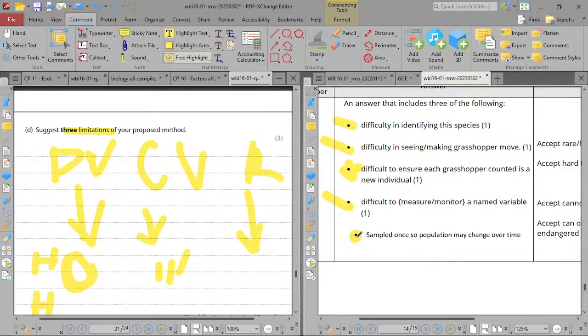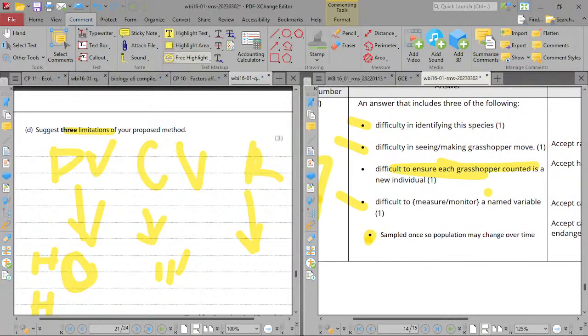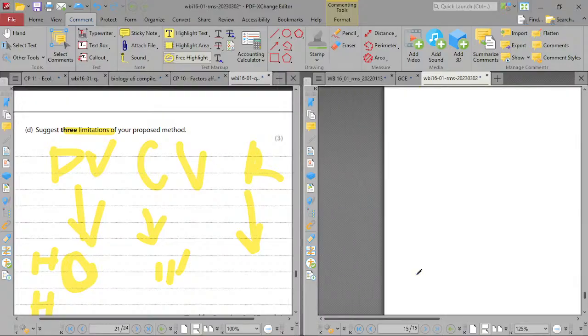I did not do this or this. This is trying to say that having difficulty in checking whether or not more than half is going to be filled inside the quadrat box. This is trying to say that the population will change over time because we only sampled it once. We need to sample it multiple times a year.